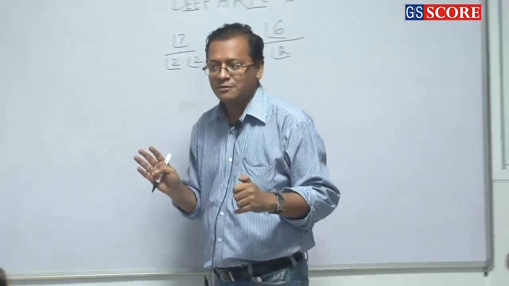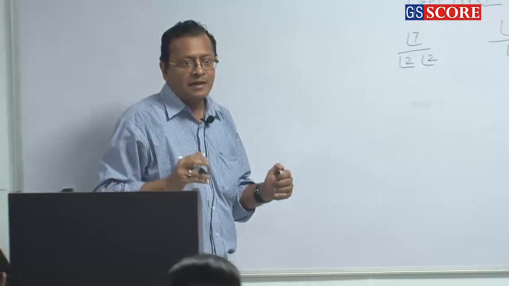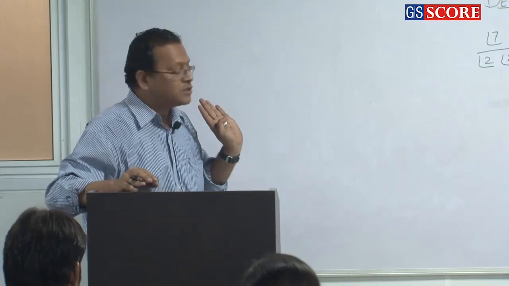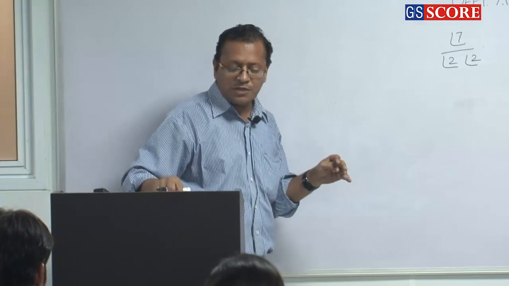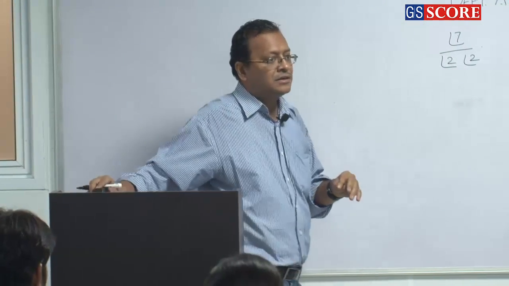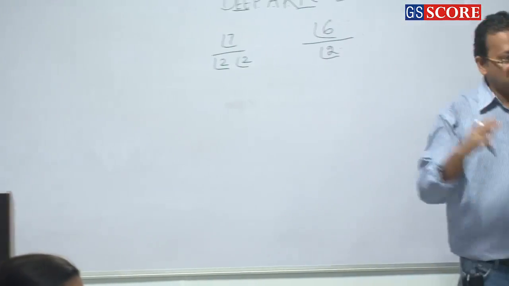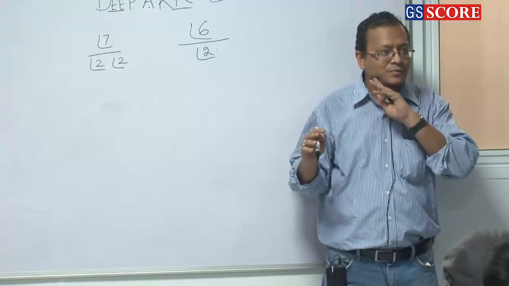Clear or not? Right? Now questions on this. There are a lot of questions, but there is one question on this aspect which I really like, and one question I have given as well. So by formula it's clear. Can you explain it without any formula?